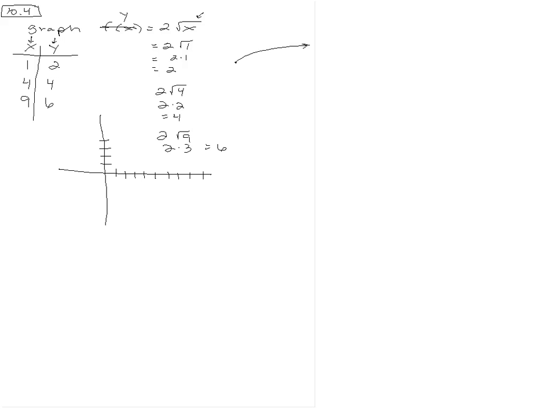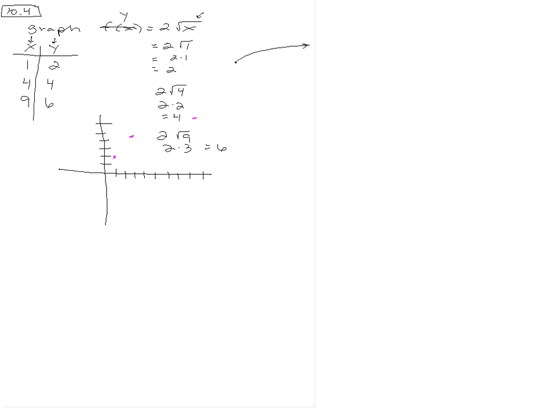I'm sorry, but this stuff's going to get in the way here, but that's okay. All right, when x is 1, y is 2. When x is 4, y is 4. When x is 9, y is 6. See how it's getting bigger?